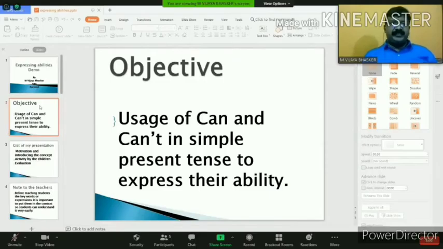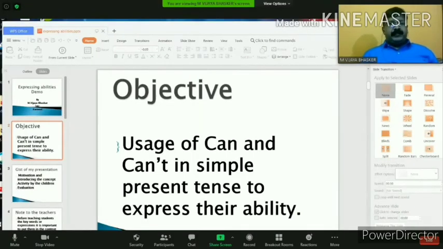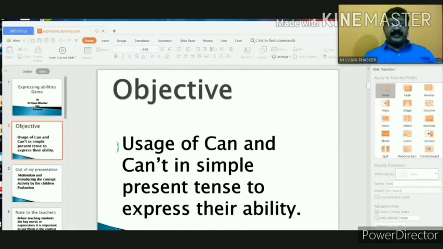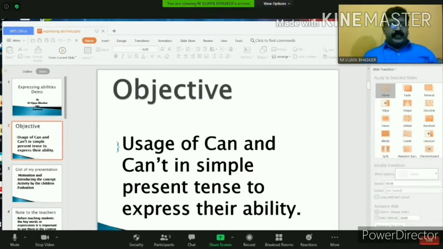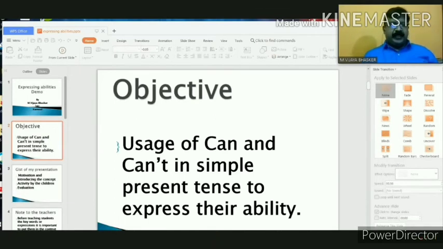The objective of my demo is to make the children aware of the usage of simple present tense to express their ability and inability. Keeping in mind the objective, I'm going to deal with making you aware of how to motivate the children in order to make them aware of expressing abilities and inabilities, and how to introduce the concept to them.